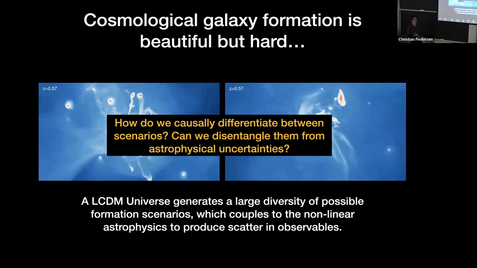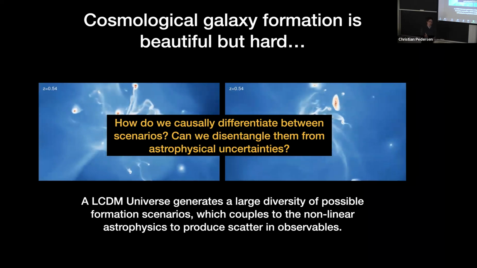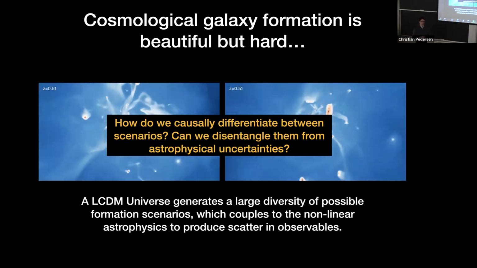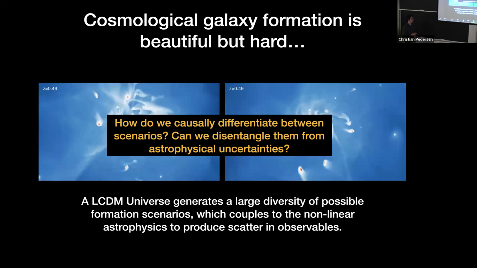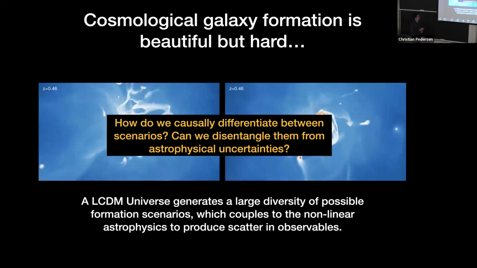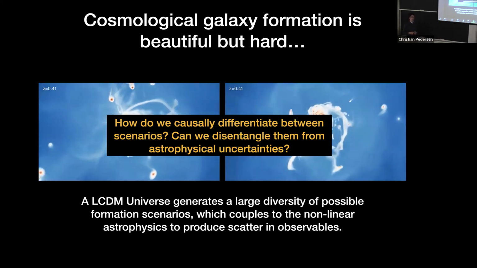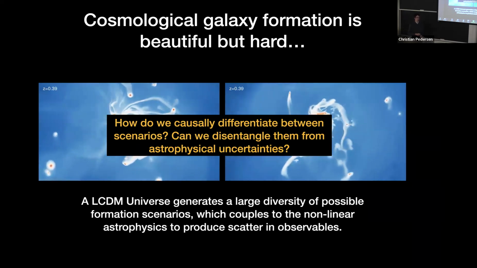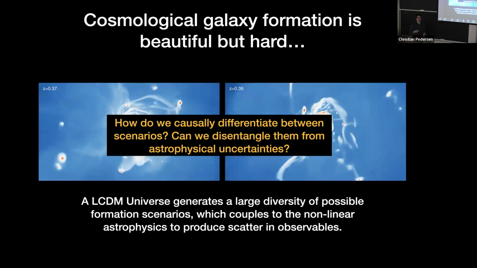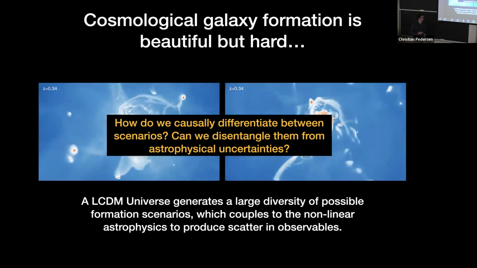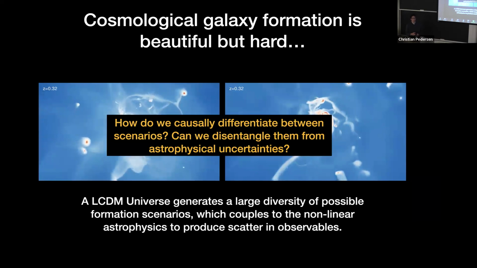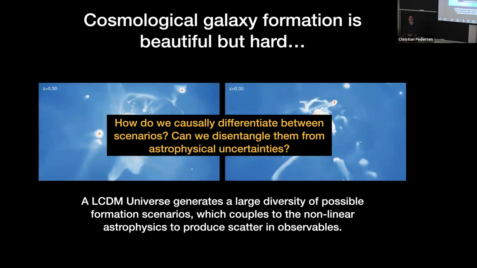You say that lambda CDM universe generates diversity. Would it be different if it was just a CDM universe? It's not really, okay, so maybe this should be a bit more precise. It's really about inflationary perturbations growing under gravity. So it doesn't really depend on whether w is -1 or 1.1. It's the CDM part, is it?